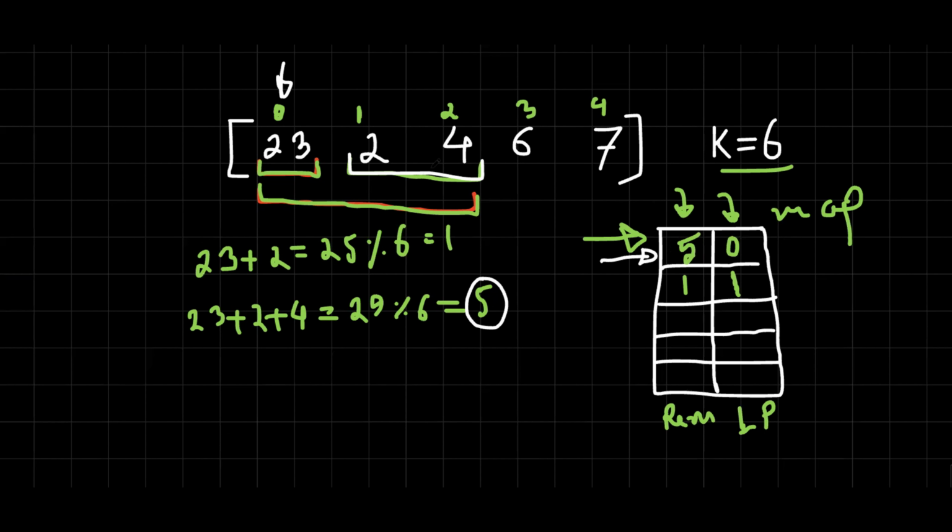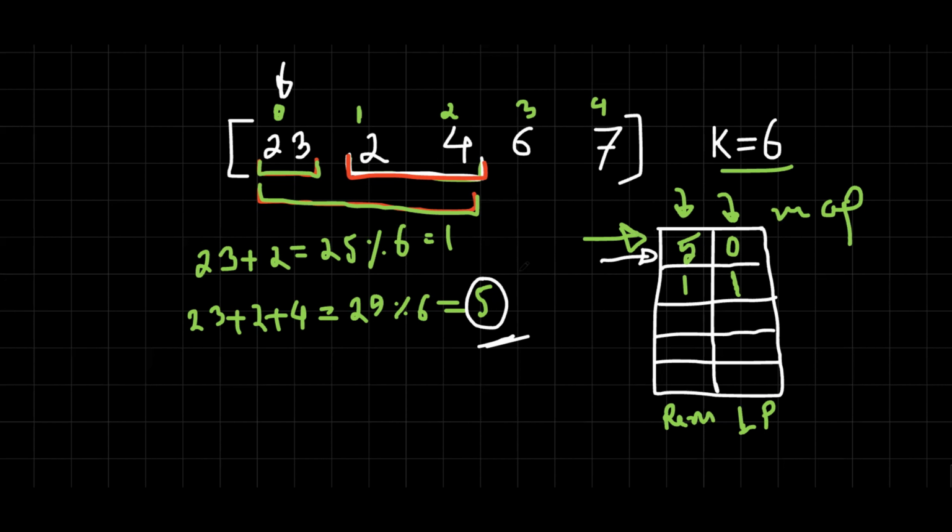Now, if in any of the iterations we find a duplicate remainder, that means the rest of the elements will sum up to a multiple of k. So here we simply return true. Otherwise, we simply return false.